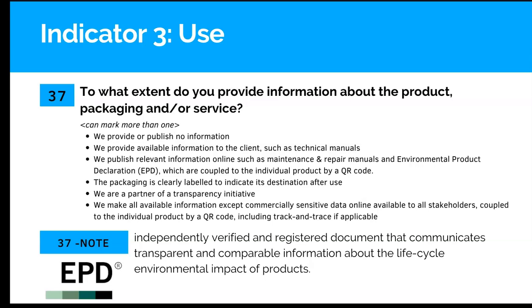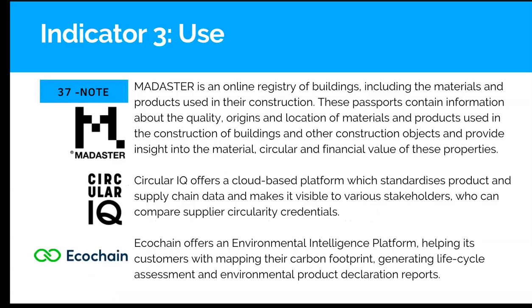And here are some examples that are provided in the explanatory notes. For example, for products, whether an environmental product declaration is available, and for building materials, whether the materials used in a building are passportized, and also here are some examples of platforms that are helping with the transparency of the value chain of the product.